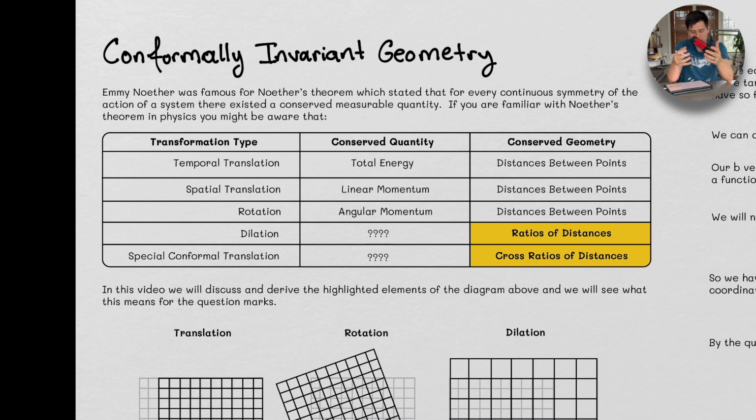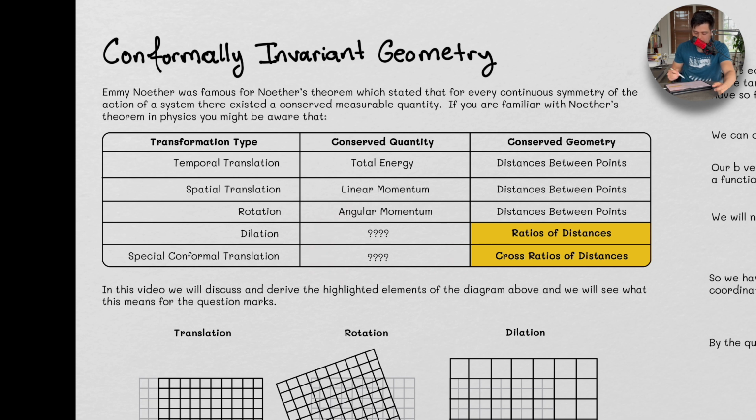These include temporal and spatial translations and rotations, but they also include dilations and special conformal transformations, or SCTs. Well, we want to know now, are there conserved quantities associated with these that are of interest to us? The answer is not going to be very obvious here.